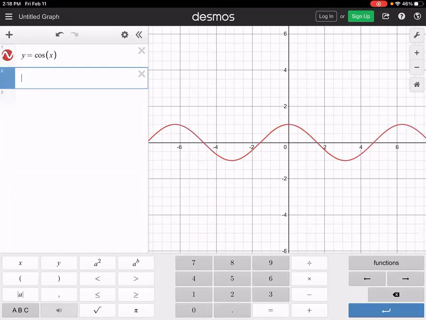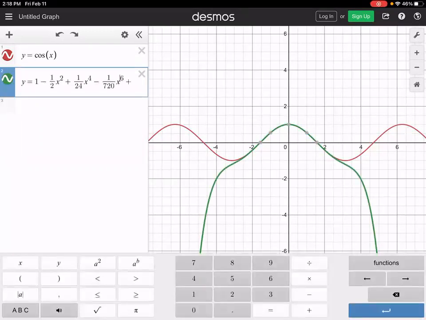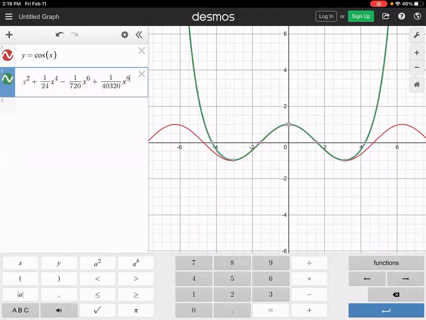So close. It's the exact same thing. Okay, help me out. We need y equals 1. Oh, okay, thank you. Ready? Whoa.